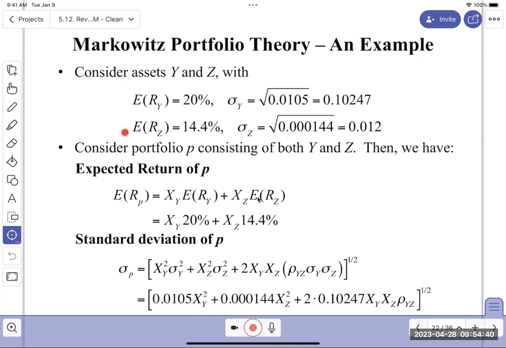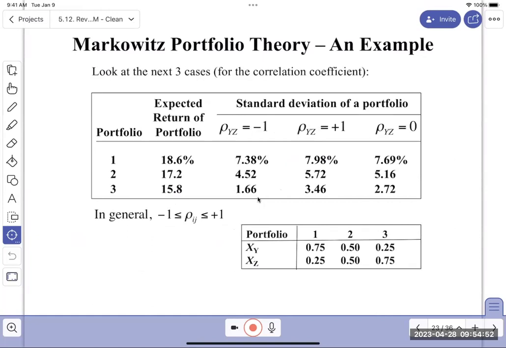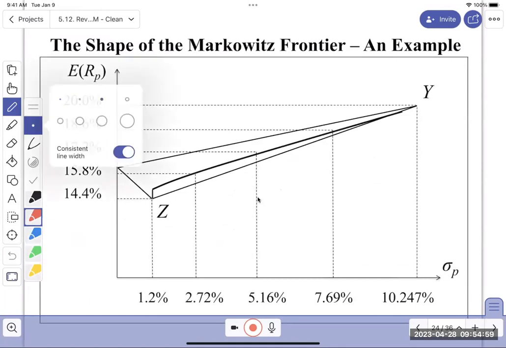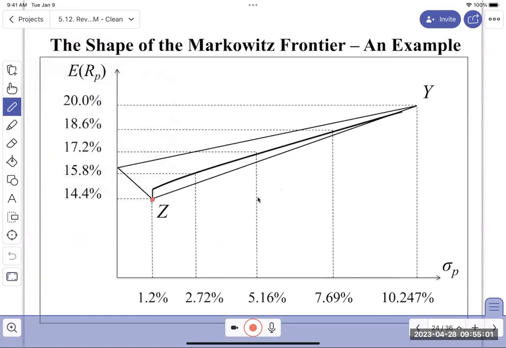So I'm going to plot these on a chart, and I'm going to put return on the Y-axis and risk on the X-axis. And that's here. I'll wait for you to catch up if you're following along. So as I promised, I'm going to combine assets Z and Y, and I have risk here and return here.